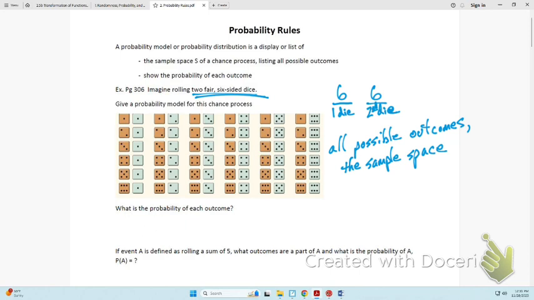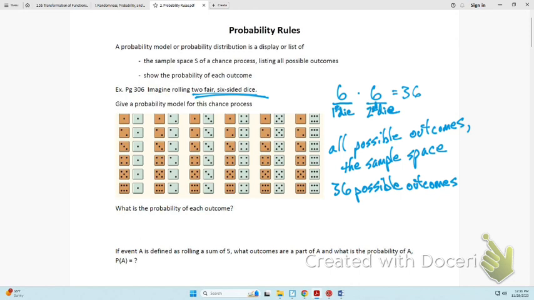They are independent. I should say that first, shouldn't I? When they're independent, you're allowed to multiply to get the total number of outcomes. So 36. And sure enough, we have 36 possible outcomes. The main thing I want you to see here is that this is called the sample space.